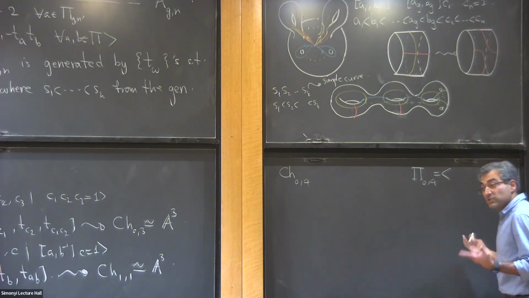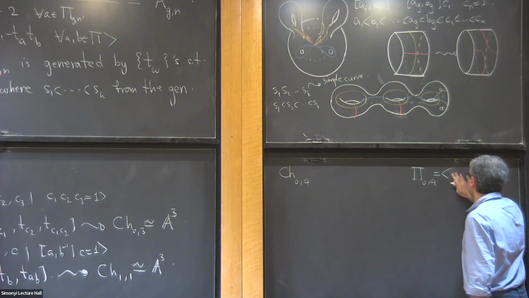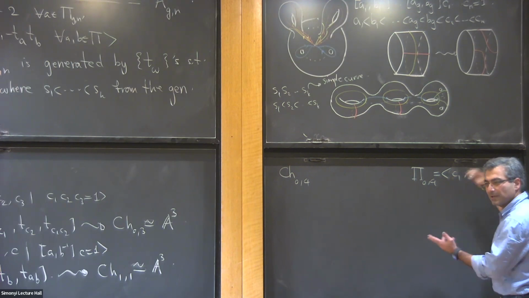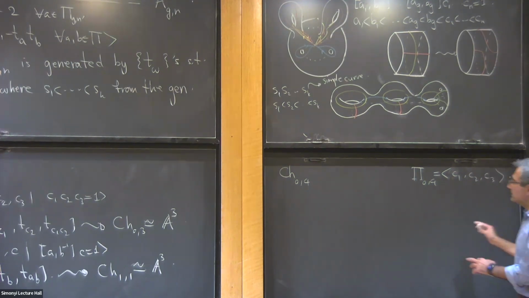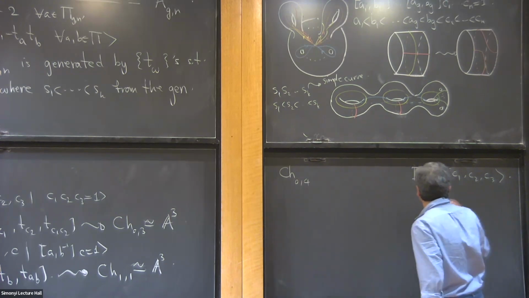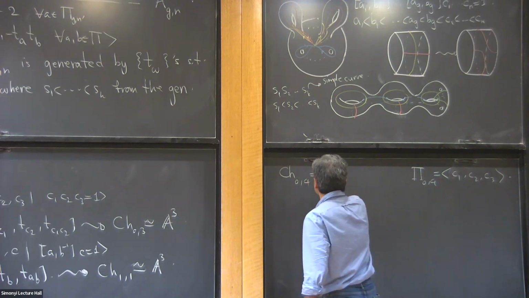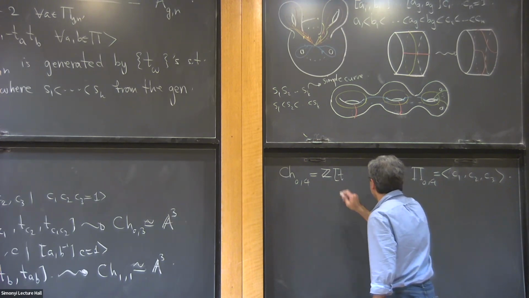It's a free group generated by 3 elements, essentially C1, C2, C3, because C4 is the inverse of these guys. And this time, this is not going to be the same. So if I look at the words, it becomes what? It is generated by T sub C1.